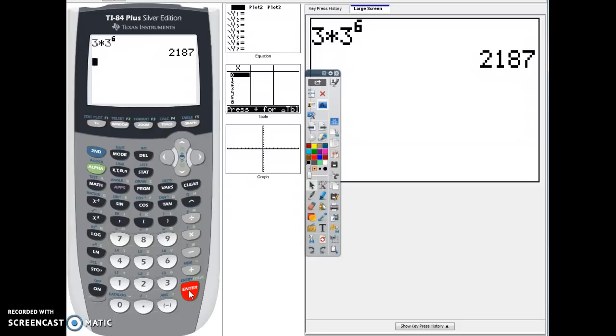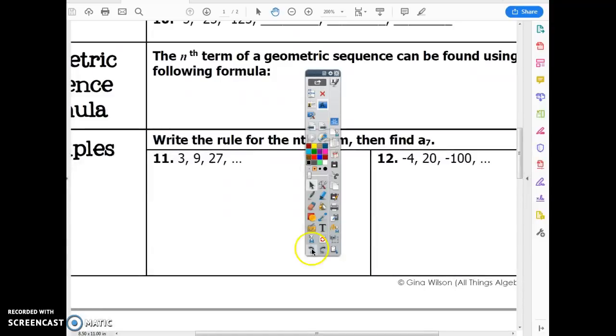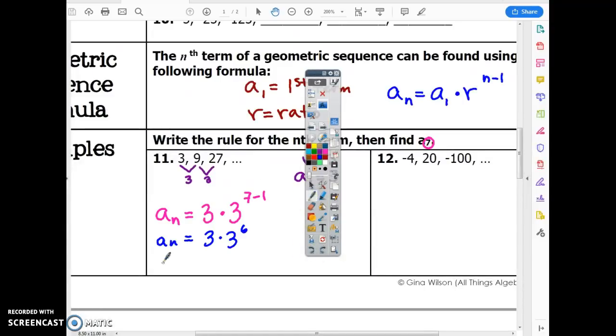Easy? Okay. So let's go back. Let's put it in there. A sub n, which was my 7. A sub 7 equals 2,187. Okay, so you're going to do the same thing for number 12, 13, 14, 15, 16, 17, and 18.